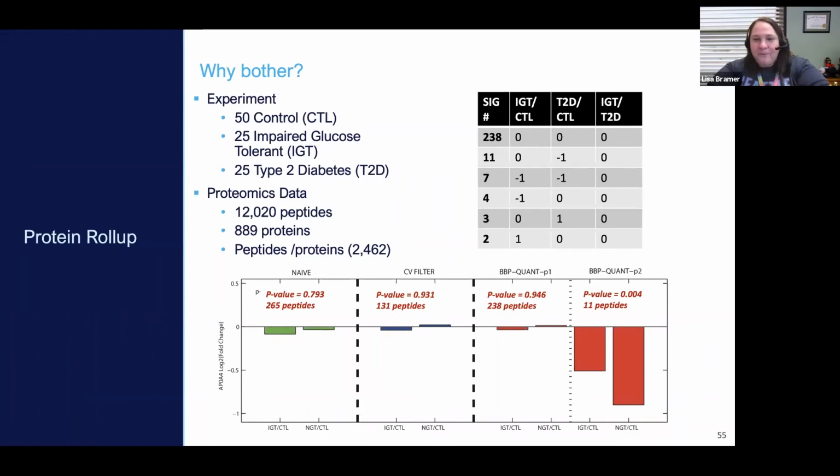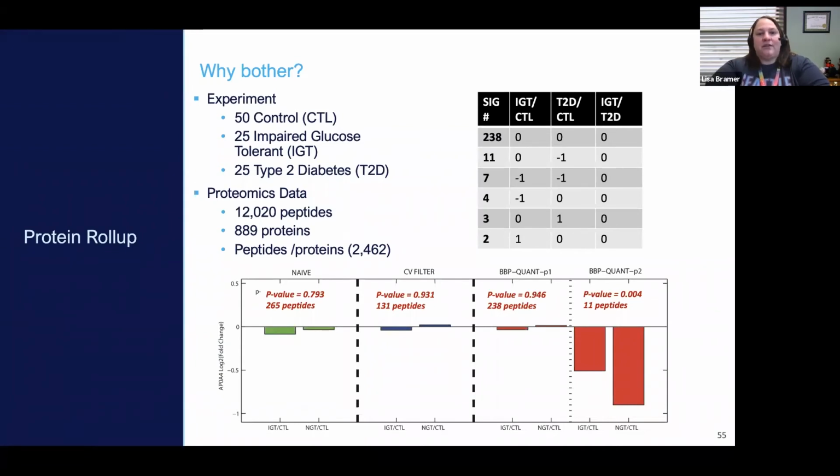So for the second line with signature 11, the peptide would be up expressed in the control group compared to the type 2 diabetic group. And a positive 1 means the numerator is up expressed, denominator is down expressed in terms of mean expression level.